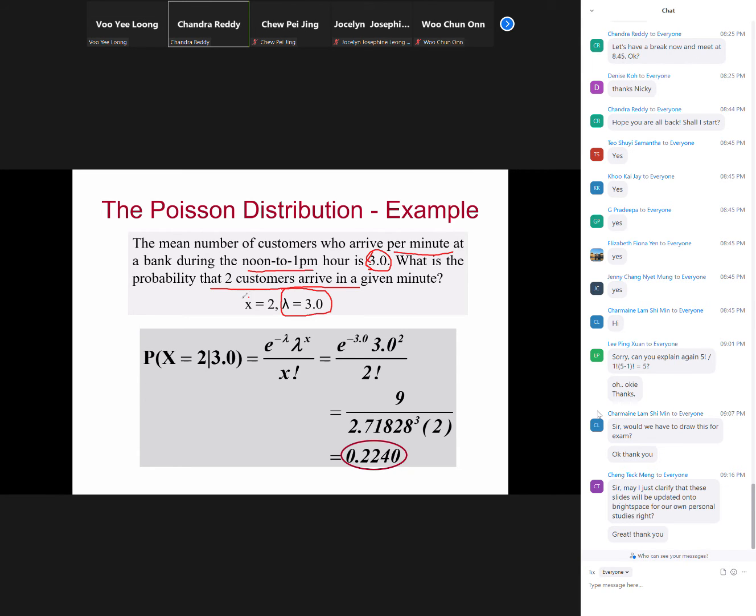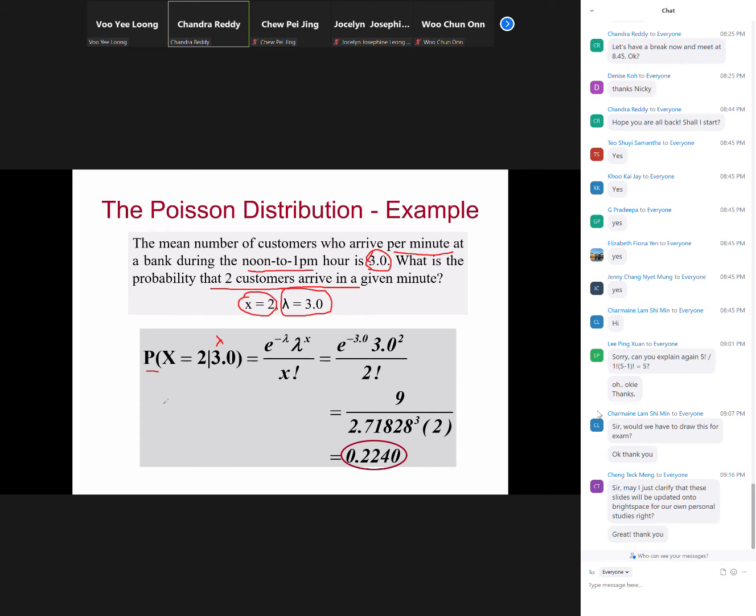So here X is the variable for which you want to find the Poisson probability. We write this mathematically: the probability of X equals 2, given lambda is 3.0. So what is the probability of 2 customers arriving, given that the expected number of customers per minute is 3 between 12 noon and 1 p.m.? This is a case for Poisson's distribution.